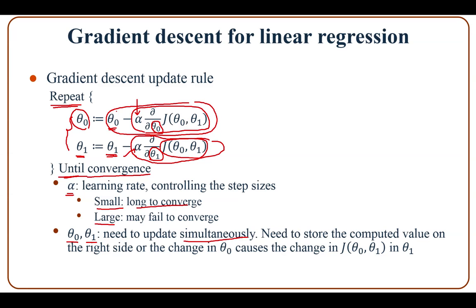And if you have more parameters, then it affects all other parameters, theta 1, theta 2, etc. So in order to do this, you've got to store the new updated value into a temporary variable, and this is done for each parameter.